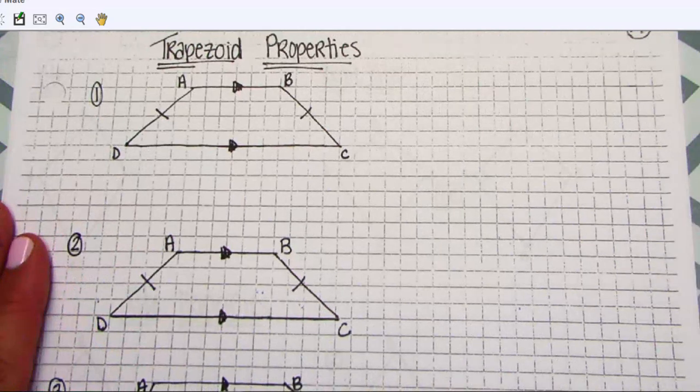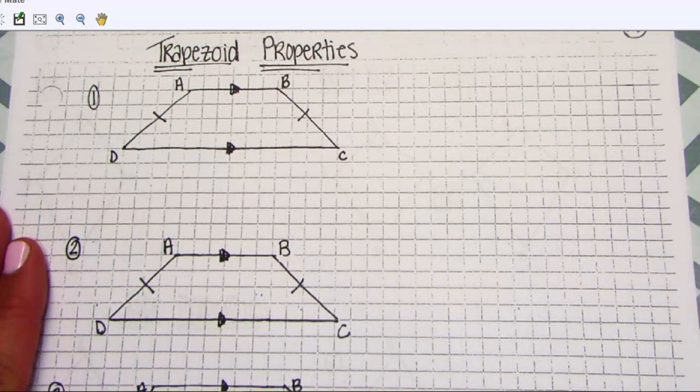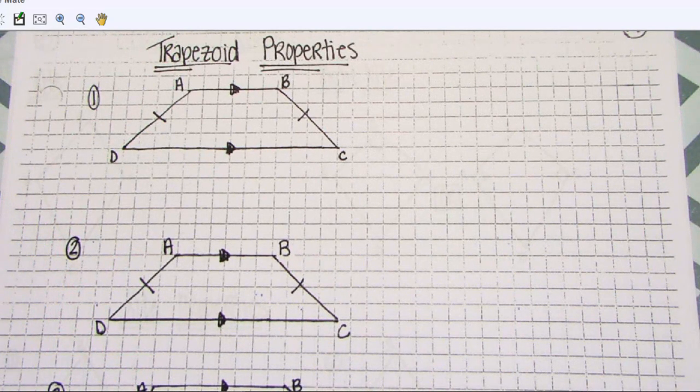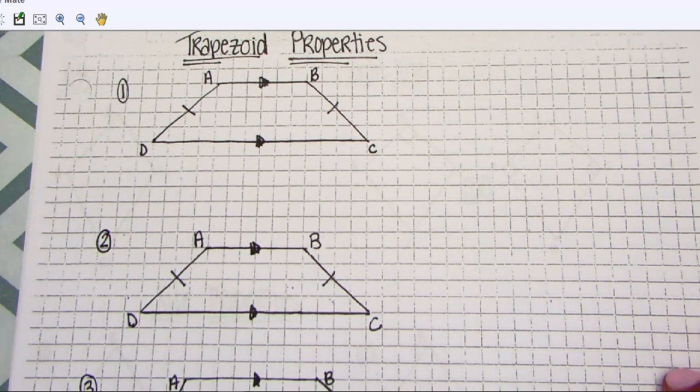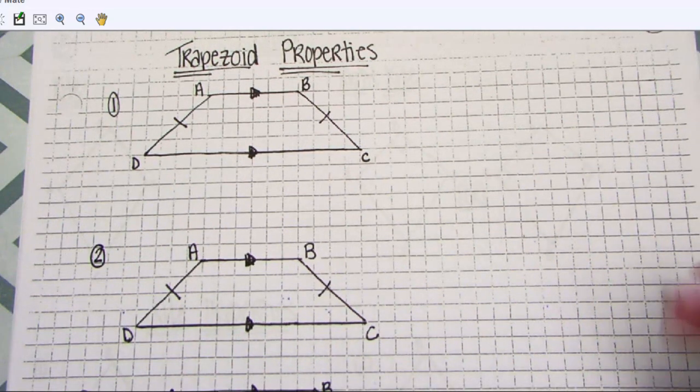All right. So the first two trapezoid properties are for only isosceles trapezoids. So property number 1 and property number 2, that's for isosceles only.